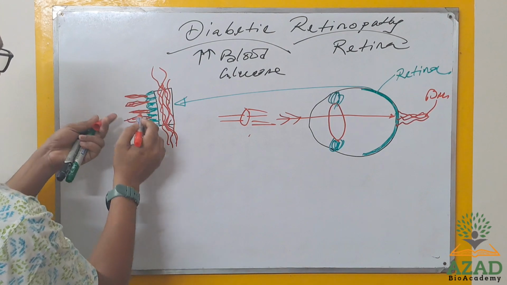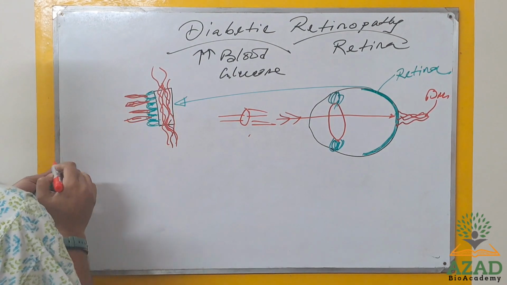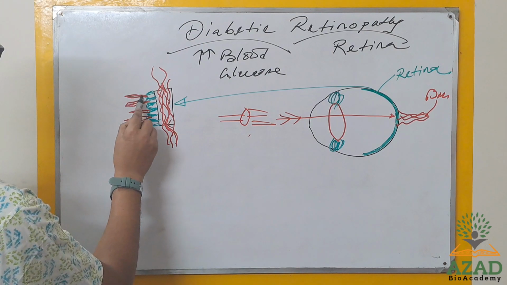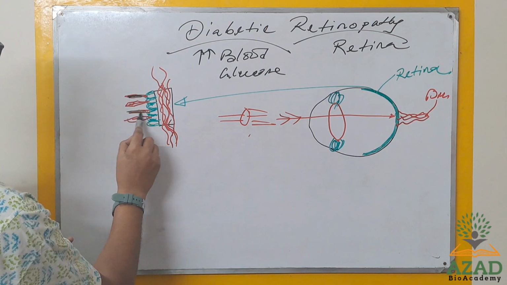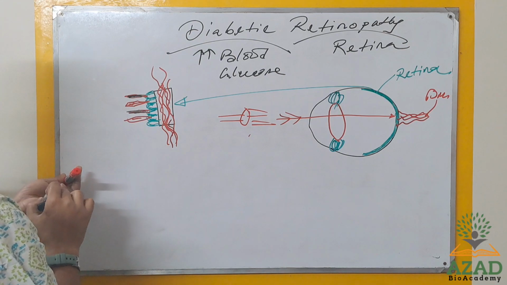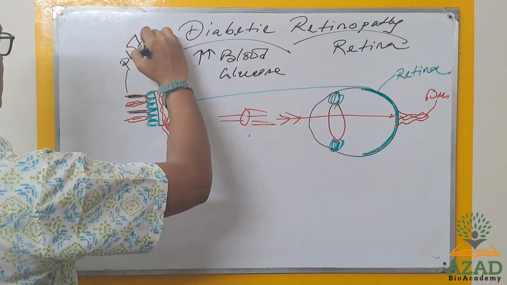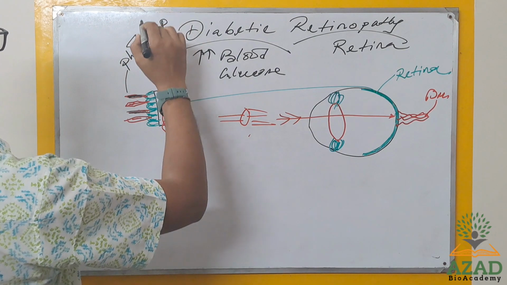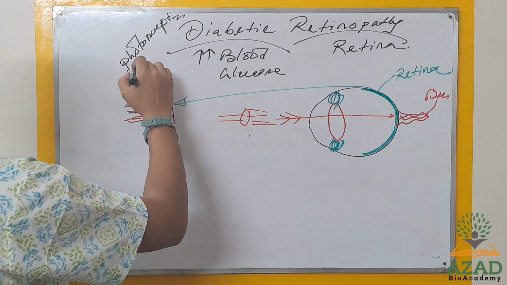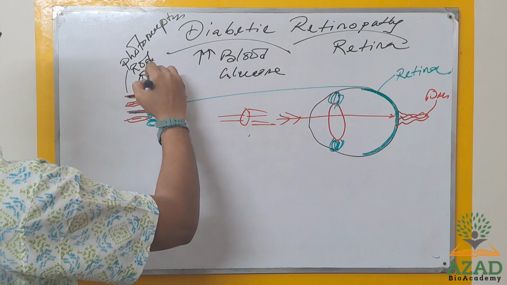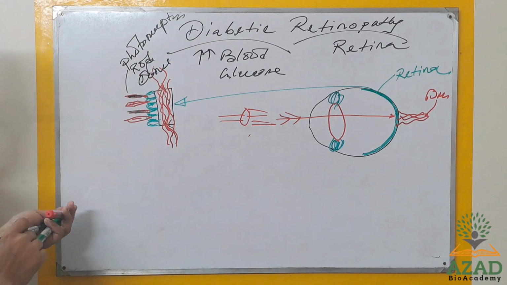These are rod cells or cone cells. I can draw them in a different color here. So these are the photoreceptors, the rod and cone cells.